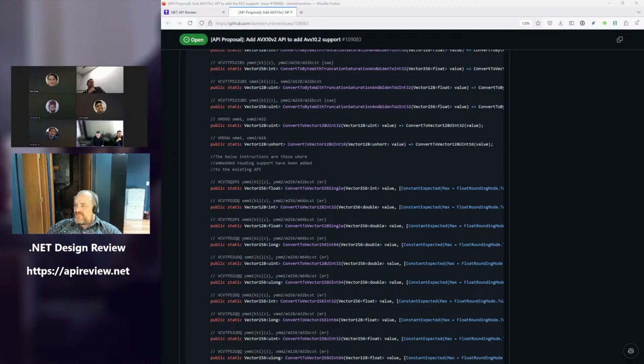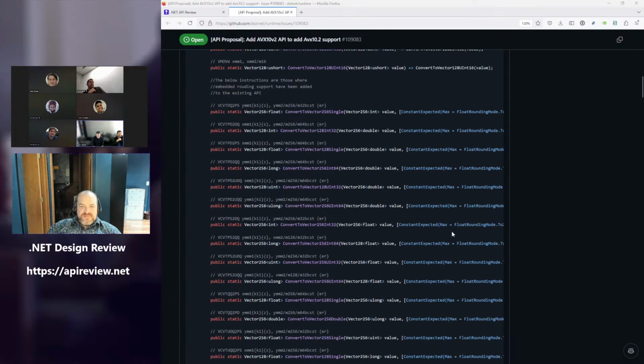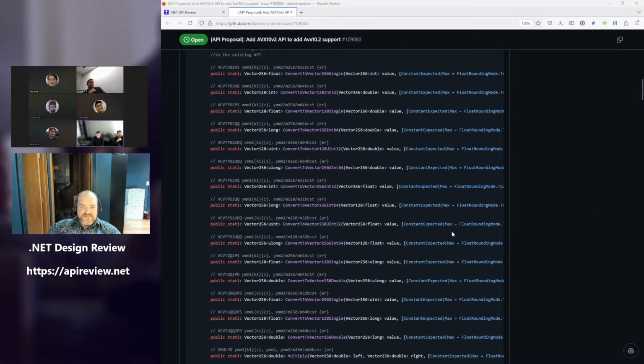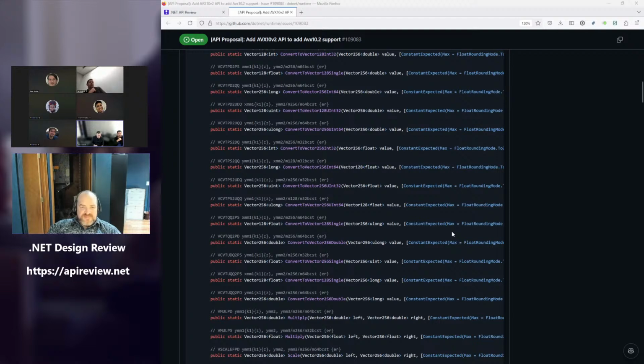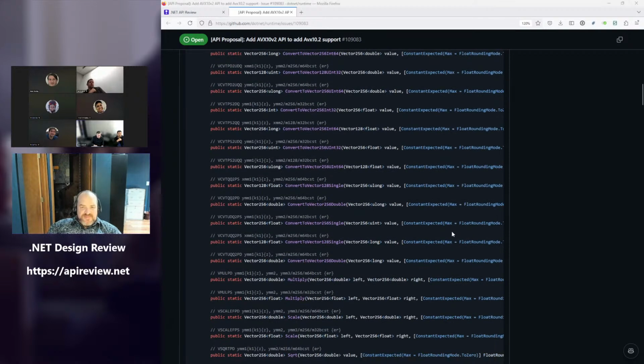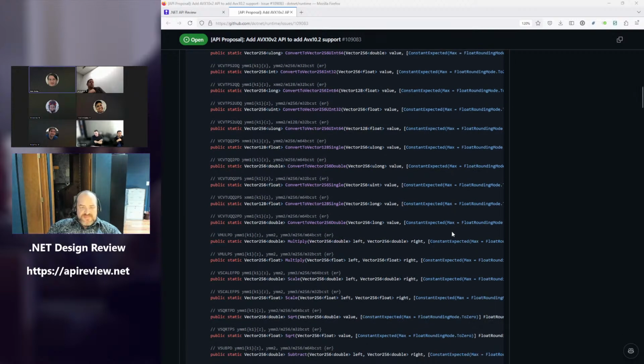These conversion APIs in the second group, do they also have any type of saturation concerns, or is that automatically done as part of rounding, or what? Allowing saturation after the conversion is a new concept, and that's what those instructions you saw higher up were.